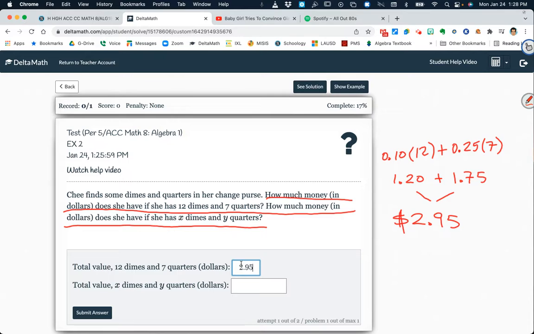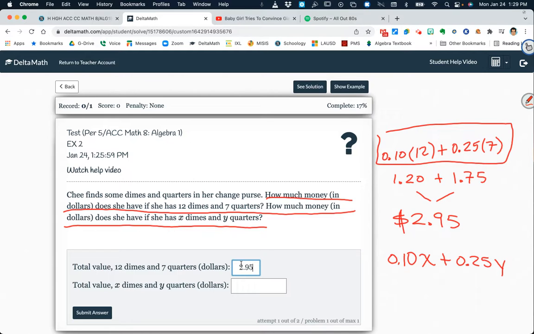Good question. For the expression, we're going to go back to this. This is why I had you write it this way, or look at it this way at least. We replace 12 and 7 with X and Y. So this part would be 0.10x plus 0.25y. Do you see how we got that?